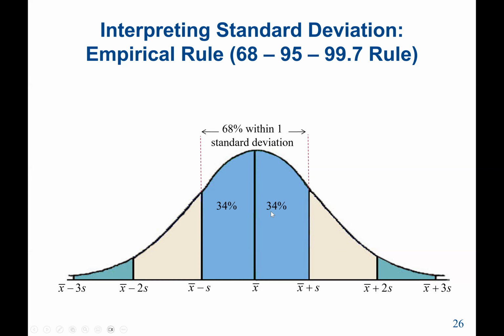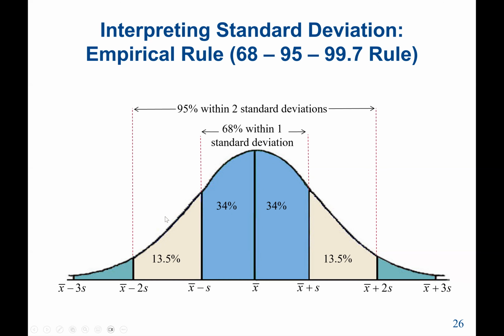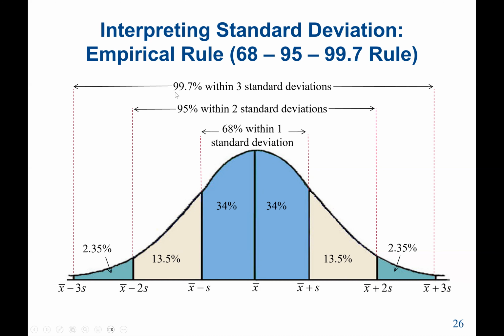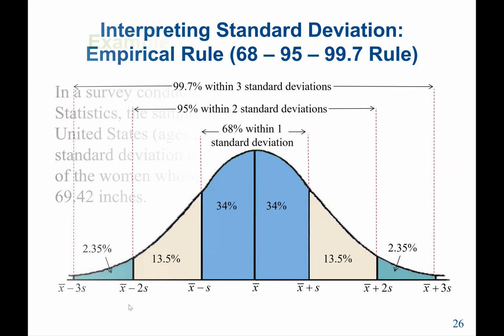So again, that's 34, 34. Then we have 13.5, 13.5 with 34, 34 together will give us 95%. Then roughly the data is 99.7%, which will be our 3 standard deviations plus or minus the mean.